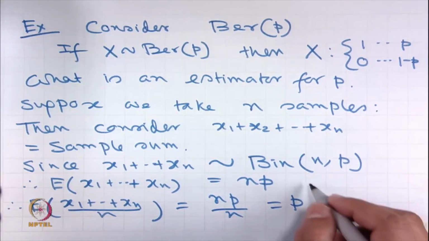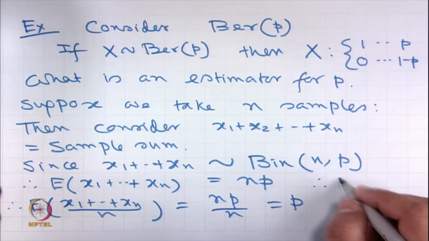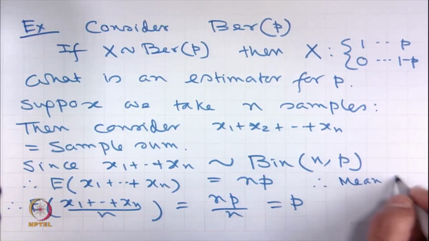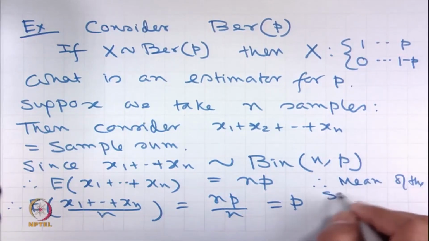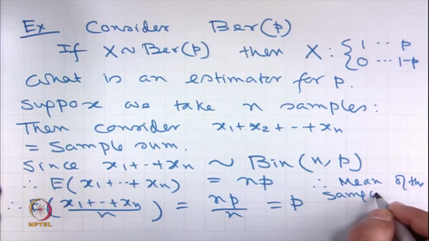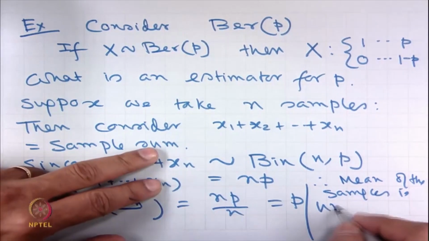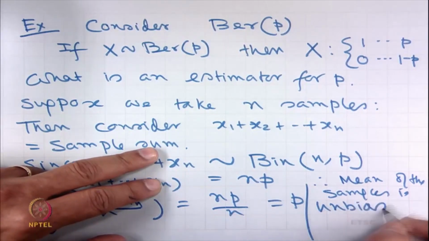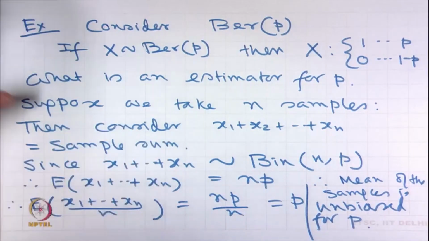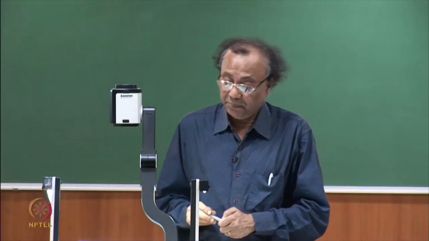Therefore, the mean of the samples is unbiased for P.